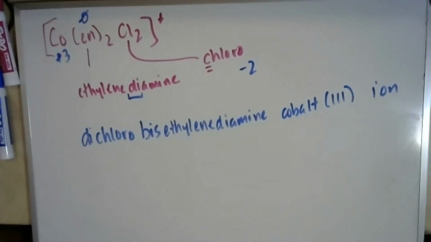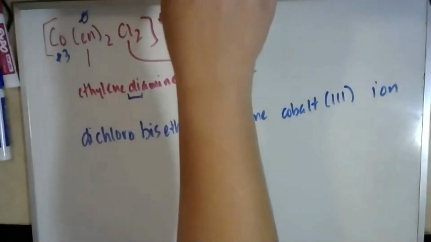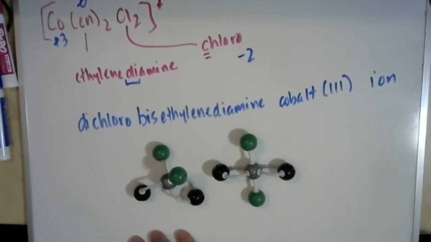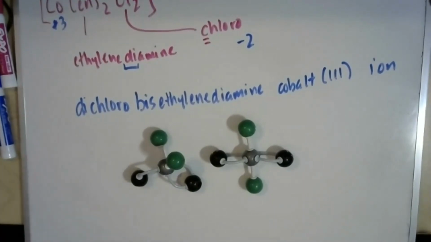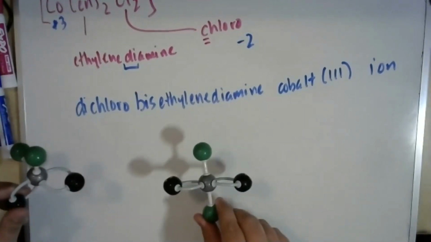Now let's look at the isomers of this guy. I did my best to draw little molecules here that we can talk about, to try to demonstrate the different types of isomers. I think sometimes it's easier to see when you have the structures in front of you like this.